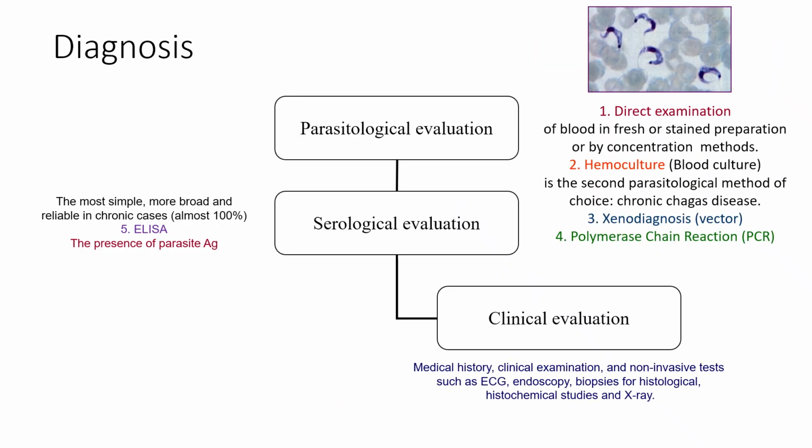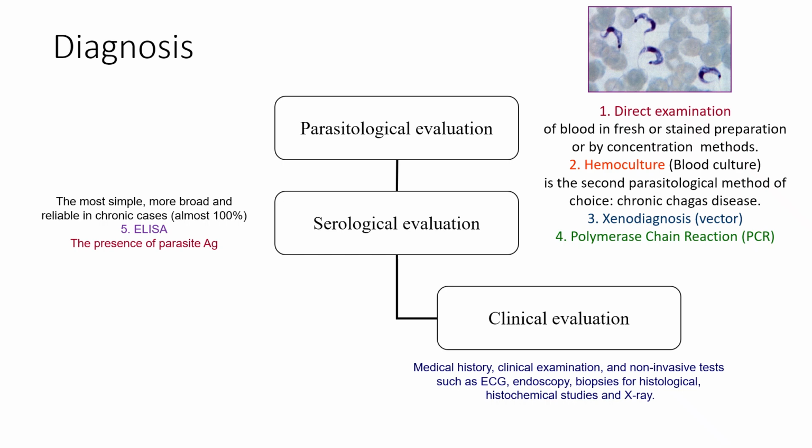Diagnosis can be done by direct examination in blood culture. In this case, we call it hemoculture, and we can also use xenodiagnosis, where we infect the vector with the patient's blood, and the parasite will develop in the vector.